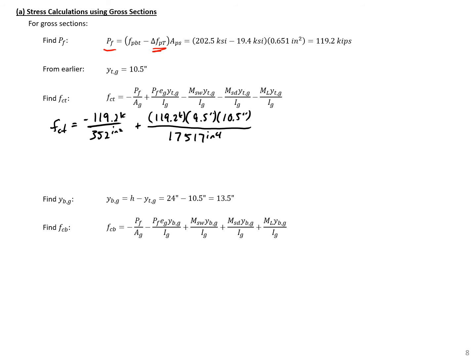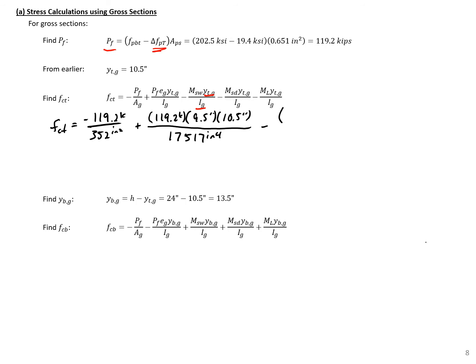Next, we have all of our flexural stresses from our applied moments, and I'm going to group these together because we have the same gross properties for all of these. But you can see when we use the net section, net transformed or transformed approaches on the next slides, we need to keep these separate because we'll use different section properties for each one. So here, the applied moments are going to cause compression in the top fiber, so we have a negative sign.